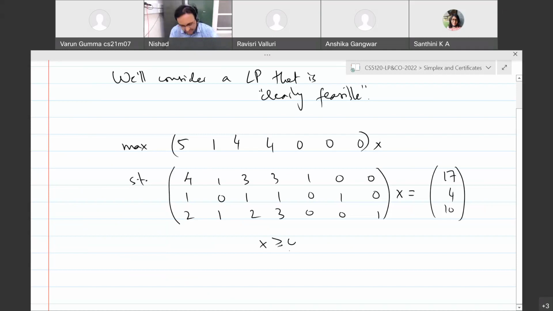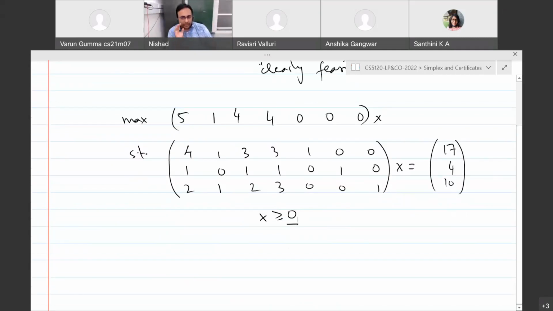Okay. So this is our linear program that we are going to consider for today's lecture. And if you look at this linear program, can anybody find a feasible solution? I want you to observe this linear program and find a feasible solution that is easy to find.